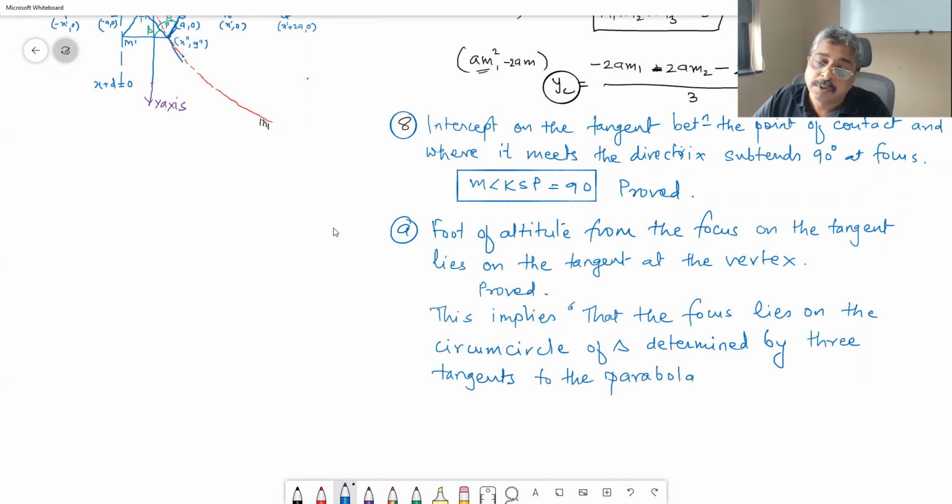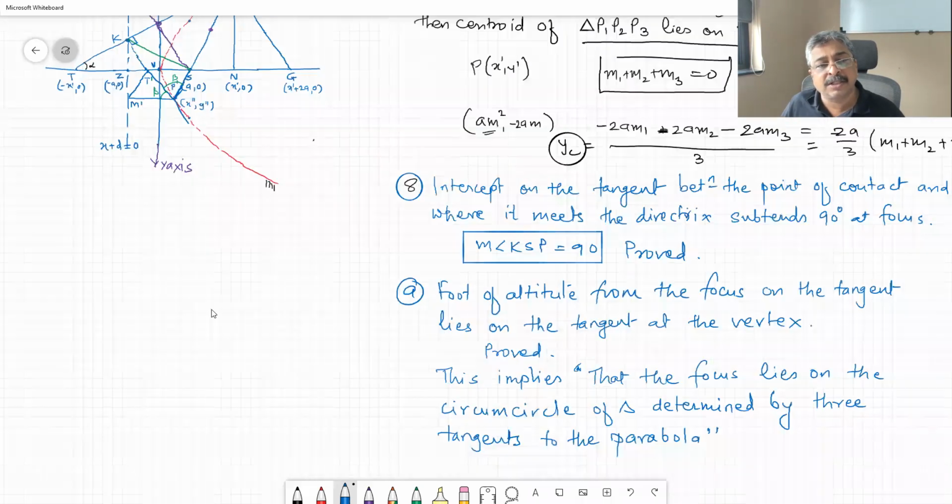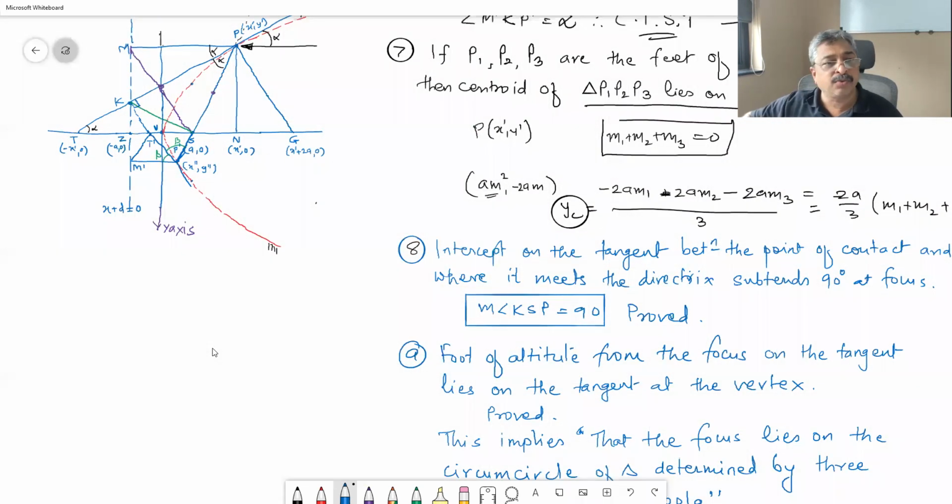Now you think about what does it imply? It implies foot of altitude from focus on the tangent lies on the tangent at vertex. Okay, so that is the property which we have discussed.